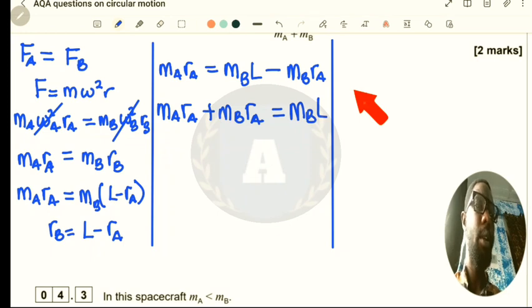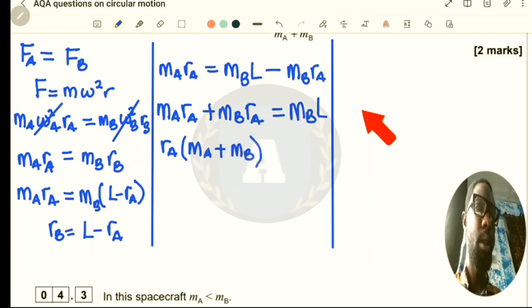Now we can factorize to make RA the subject. So RA into the bracket of MA plus MB, then close the bracket, equal to MBL.